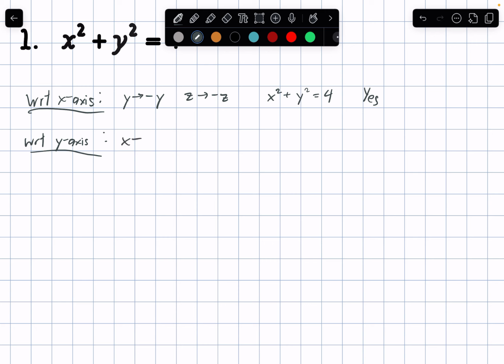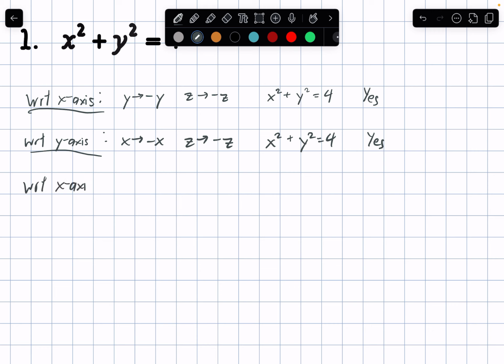Next, with respect to the y-axis, x becomes negative x, and what's also not mentioned is z, right? When we substitute, negative x times negative x is still x squared, so it is symmetrical with respect to the y-axis.